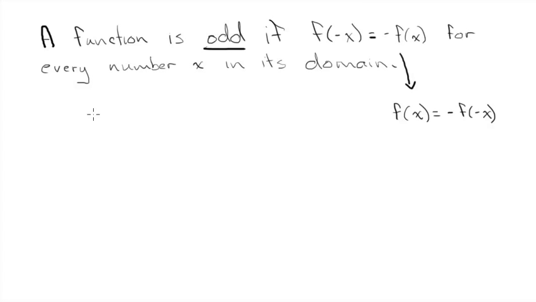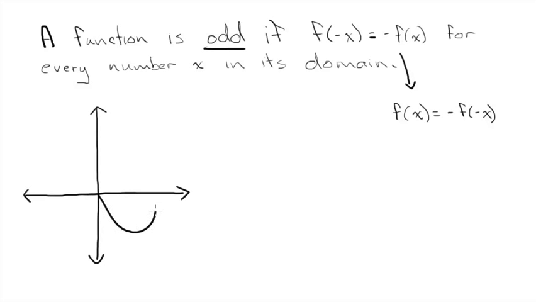So how does this work? Again, I'll draw the function on one side of the axis. Let's draw it something like this, and say this is our x value, so f at x is down here. What this rule tells me is that f at x, this point here, must be the same as negative f at negative x.